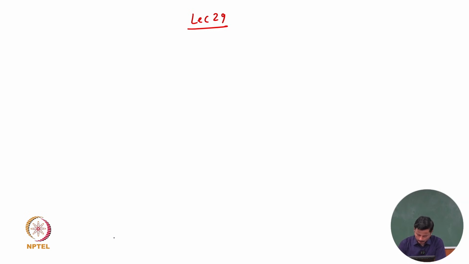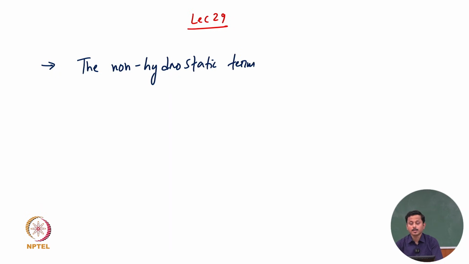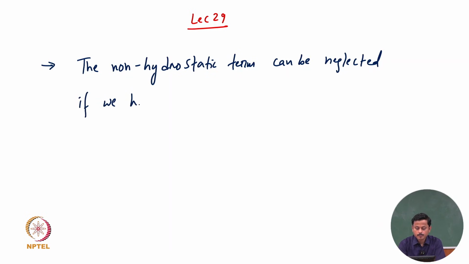Now, in our assumption in the governing equation, the non-hydrostatic term can be neglected if we have very small waves, that is kz squared is much less than kx squared plus ky squared.